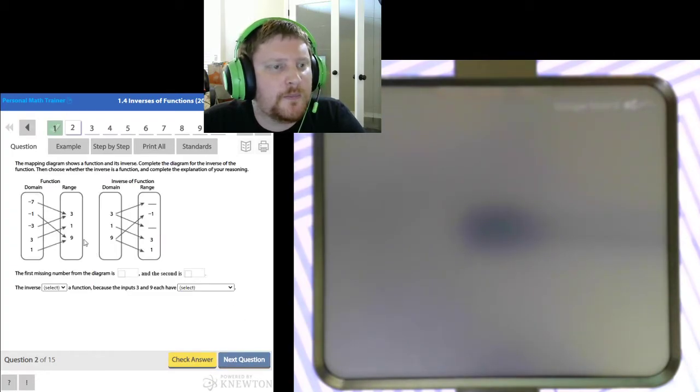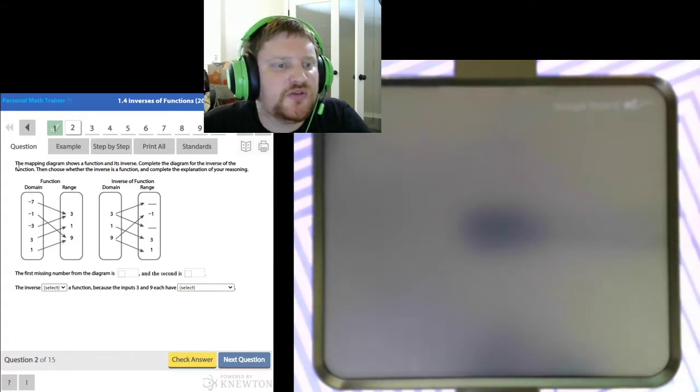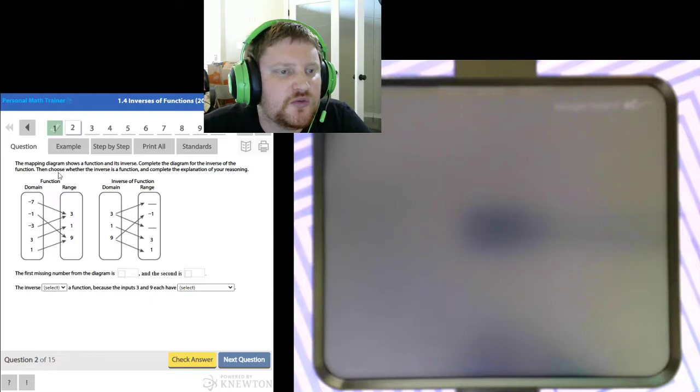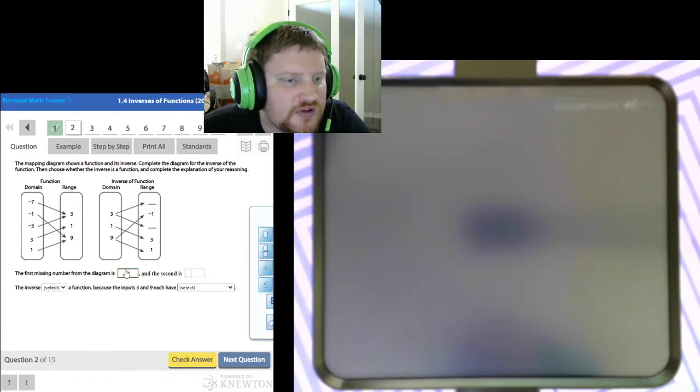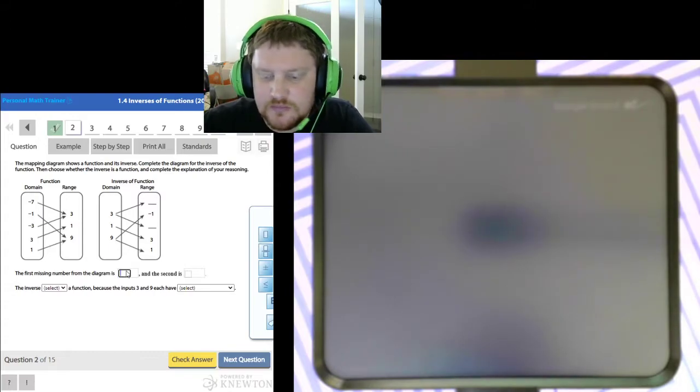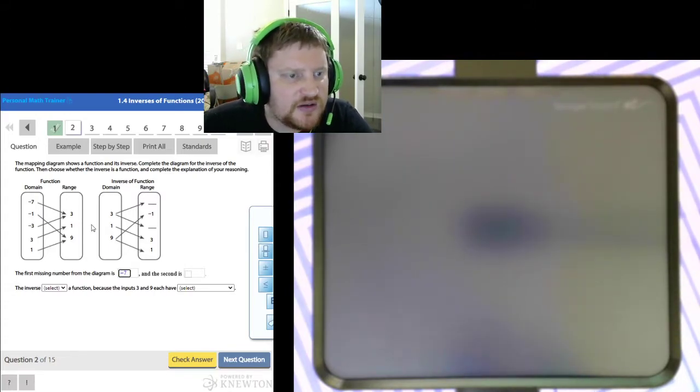Next question. Mapping diagram shows a function and its inverse. Complete the diagram for the inverse of the function, then choose whether the inverse is a function and complete the explanation of your reasoning. So we know the first missing number of the diagram is -7, and the second is -3, and I just got these from over here.